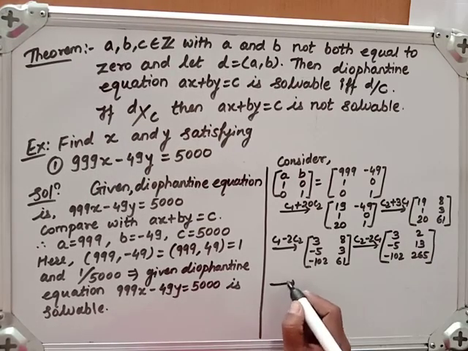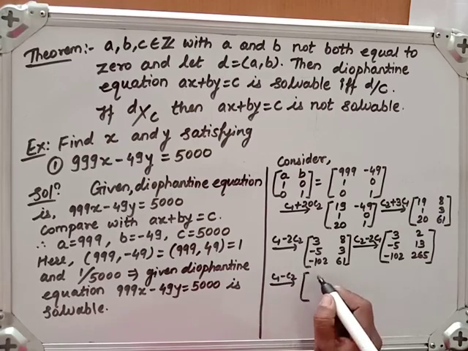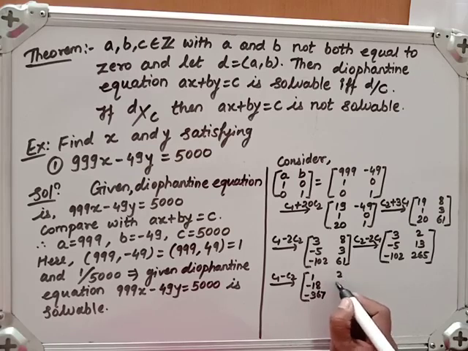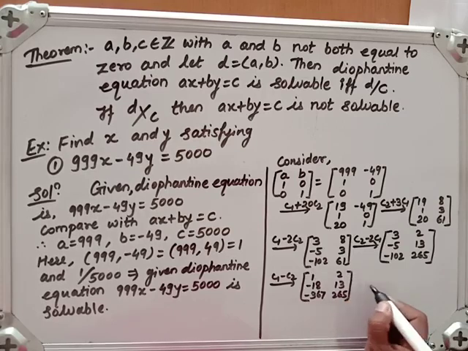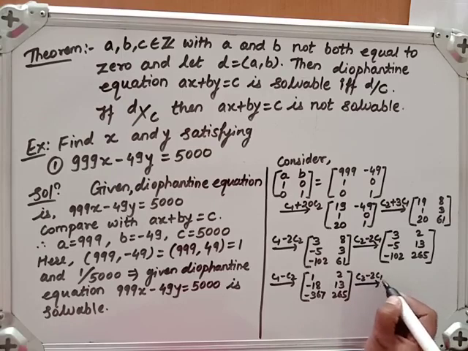Now the next operation will be C1 minus C2. So it will be 1, this is minus 18, this is minus 367. This will be 2, 13 and 265 as it is. Then next, this is C2 minus 2C1.